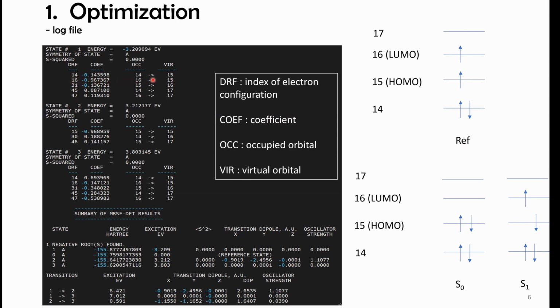In this electron configuration, an electron moves from the 16th orbital to the 15th orbital. So from this ROHF configuration, one electron moves from this LUMO 16 to 15. Then it creates this ground state configuration.